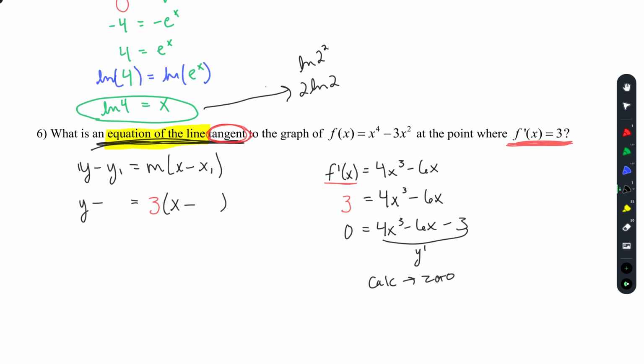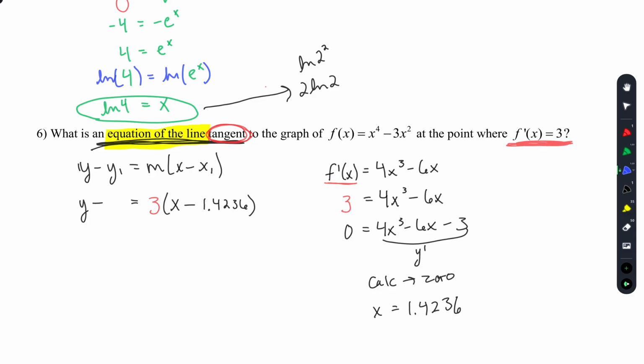Come on, second calc. 1.4236. Okay, that's a beautiful x. So we're going to throw that in. What are we missing?